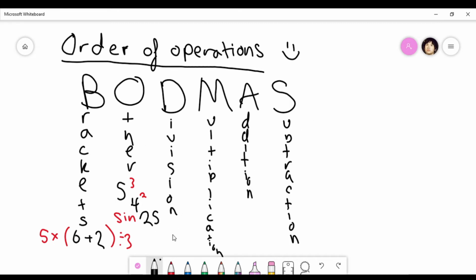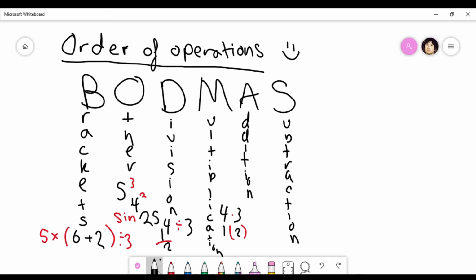Division, a number divided by another number, so 4 divided by 3, or 1 over 2, they're both divisions, it's just a different notation. Multiplication, again, there's two different ways to write it, but you've got 4 times 3 or 1 brackets 2.